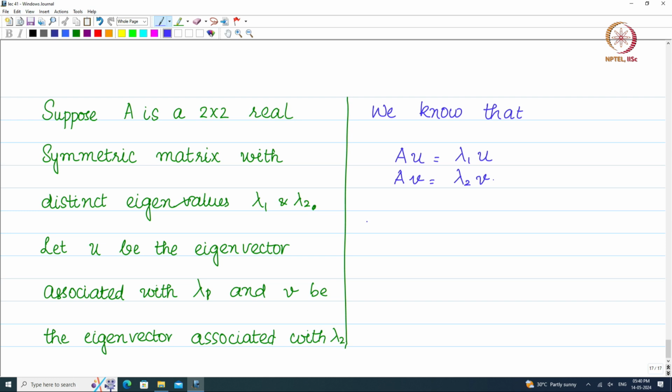Now, we know that A is a real symmetric matrix.